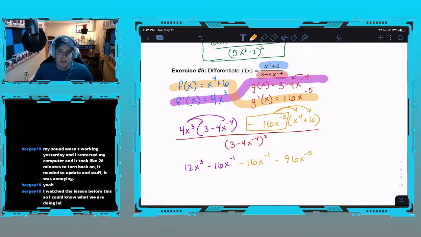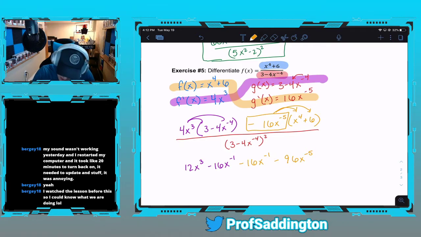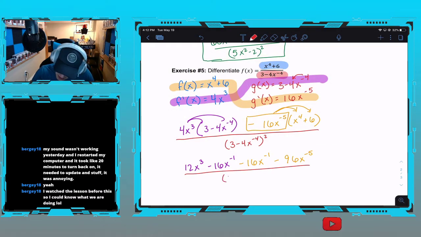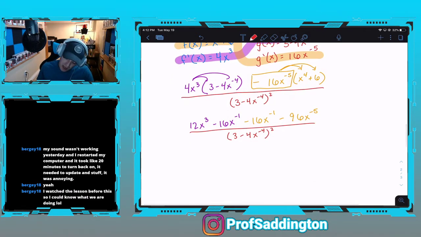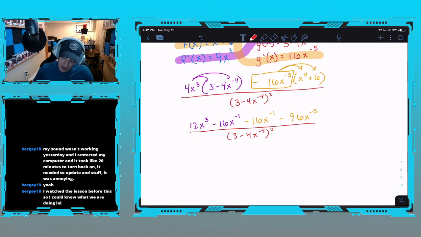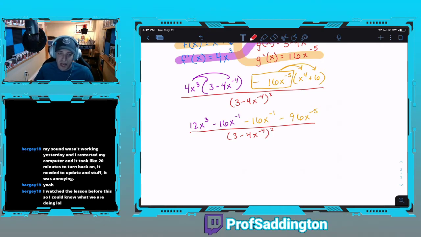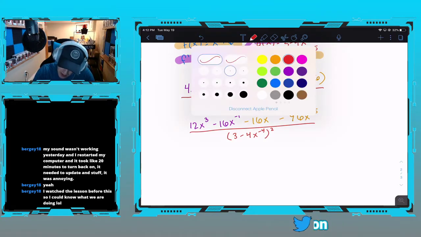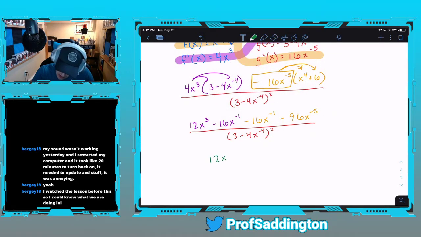Okay. So now, again, that is all over what we had on the bottom, and now we're just combining like terms. If we combine like terms, it looks like the only thing that's going to combine are those negative 16s. I'm going to have 12x cubed.